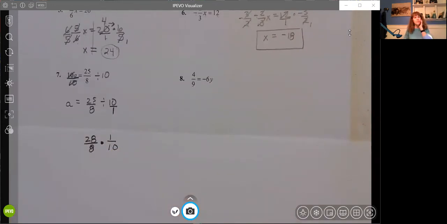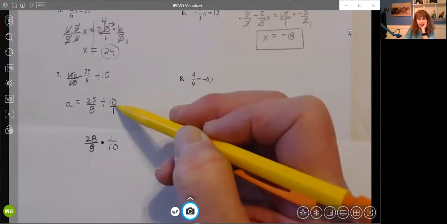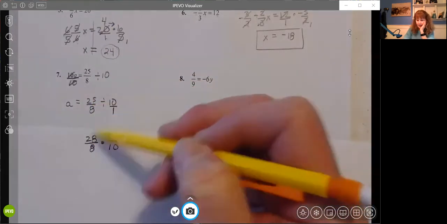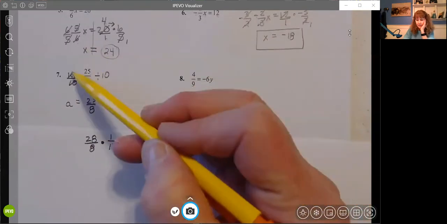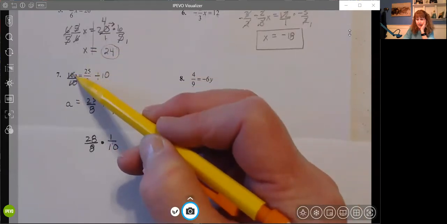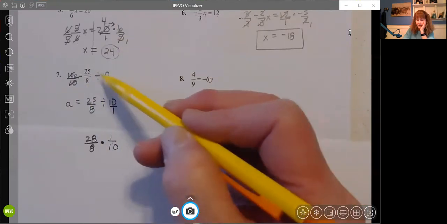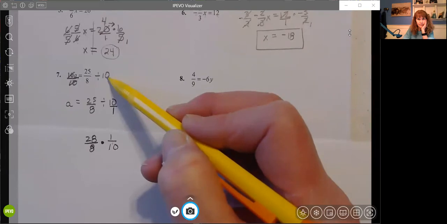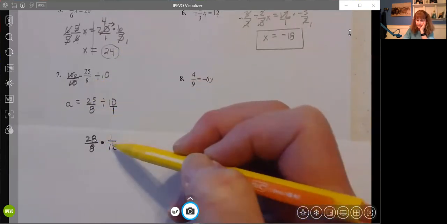So I put the 10 over 1, and then I did a copy dot flip. Because it was just an integer times a, I divided to get rid of that, and then I just put a divide by 10 over here. So then we end up with a copy dot flip.